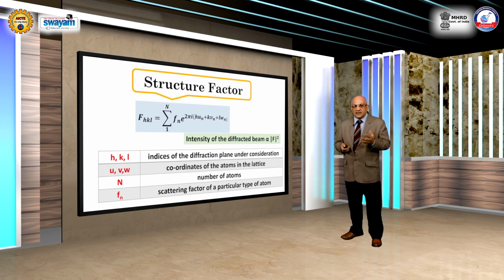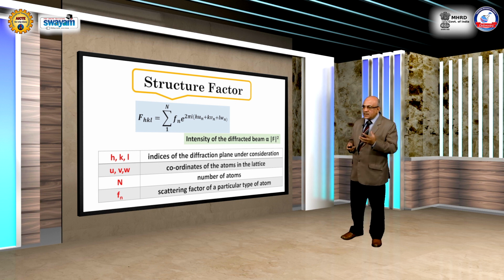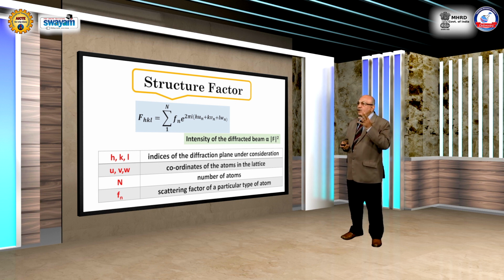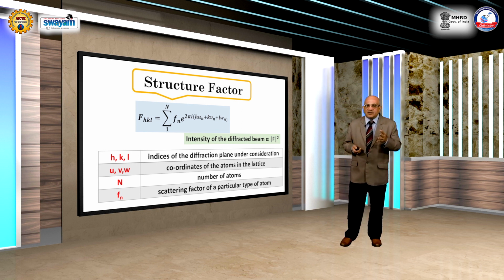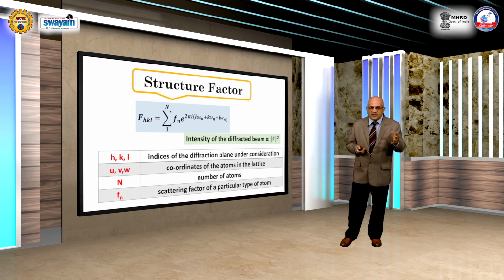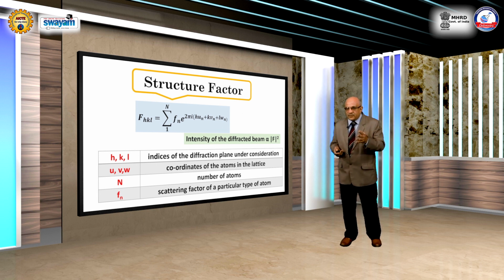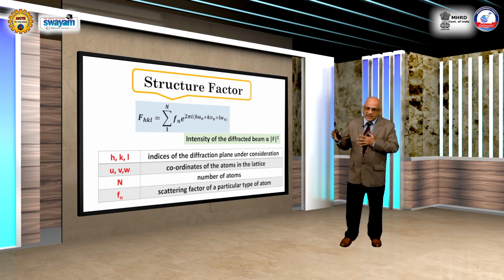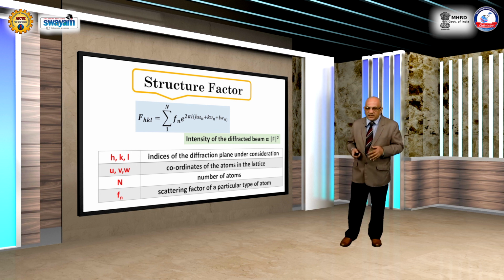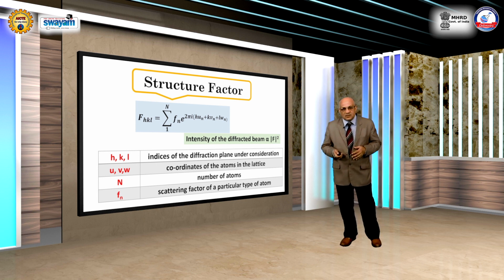Okay, so the higher the number of electrons, the higher the scattering factor. Of course, the scattering factor also changes depending on which X-ray you are using. So, if you are using an X-ray of a particular lambda, you will have some scattering factor. So, f depends on sin theta by lambda. It depends on the angle at which you are looking at the scattering. It depends on the wavelength of the X-ray which you have used to look at the scattering.